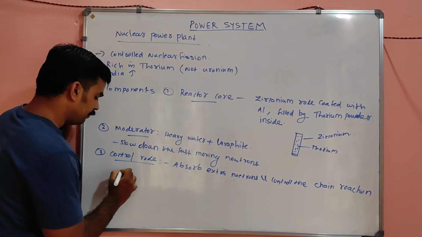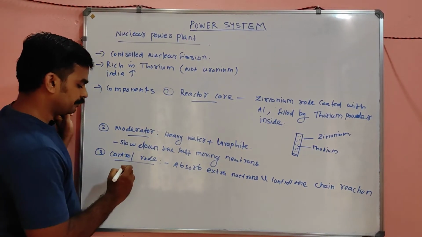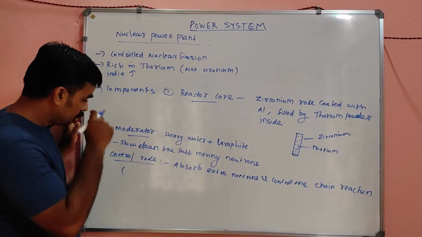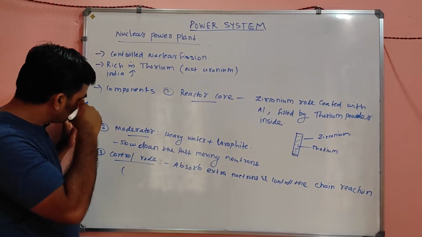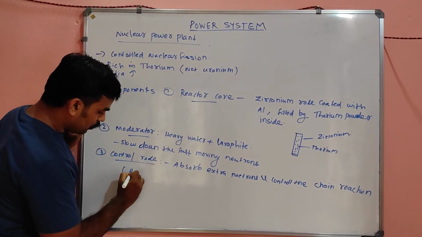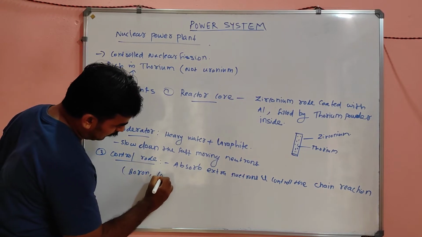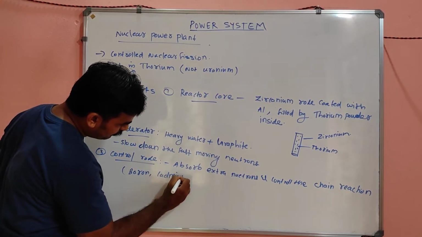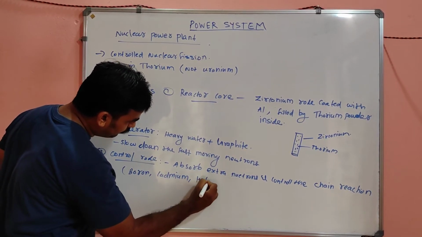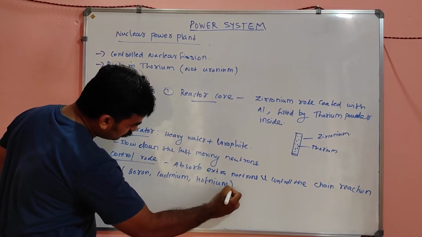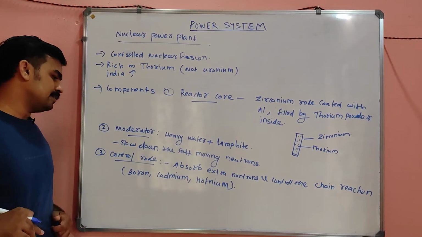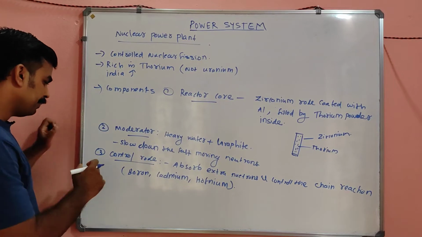Here we are using boron, cadmium, hafnium. So these are the materials used as control rods.